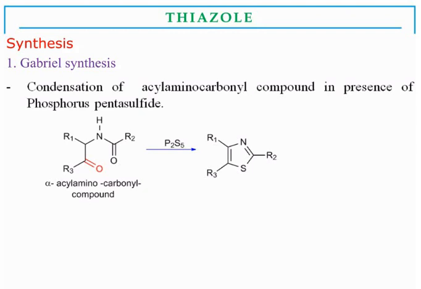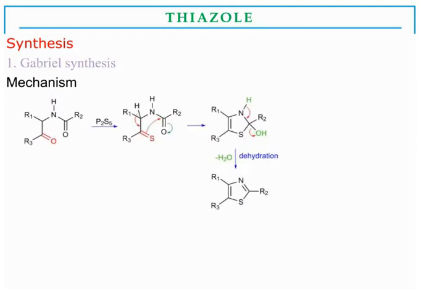You can see the reaction scheme. Alpha acyl aminocarbonyl compound is converted into the thiazole ring. Now the mechanism. The formation of cyclization and a cyclic compound, and after dehydration you can see the structure of thiazole.